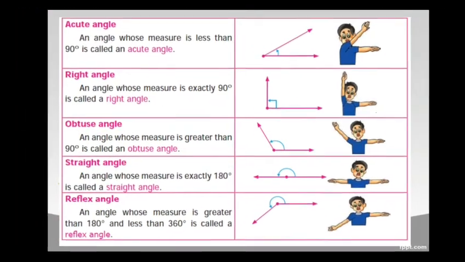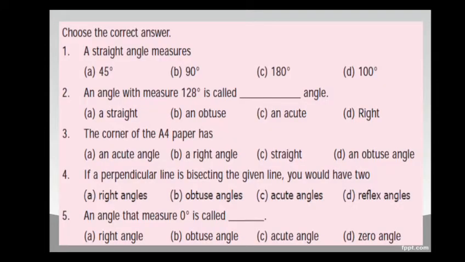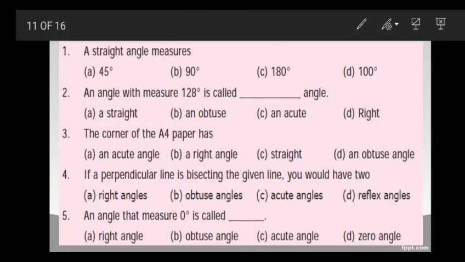So we have seen what is an acute angle, right angle, obtuse angle, straight angle and reflex angle. Using this we will answer this one. A straight angle measure is 180 degrees, right? So a straight angle will be having an angle measure of 180 degrees.